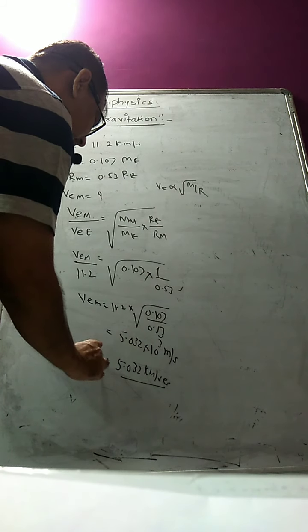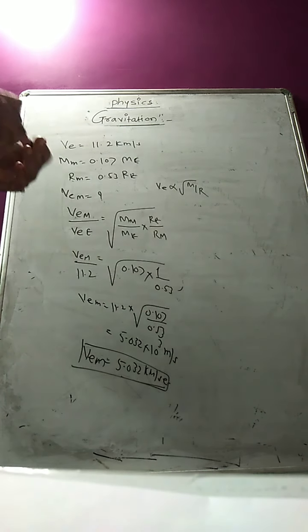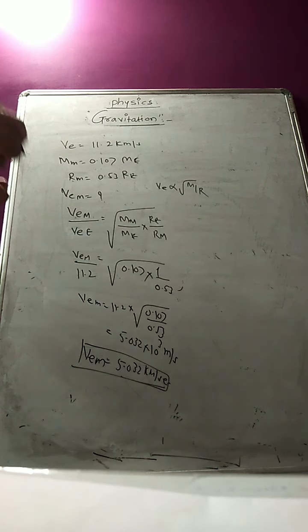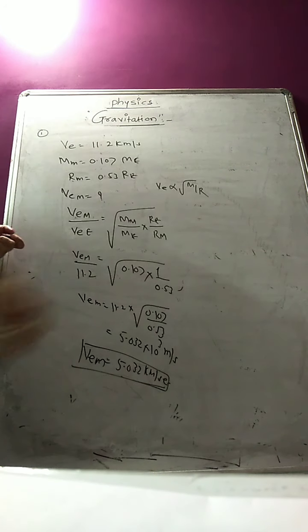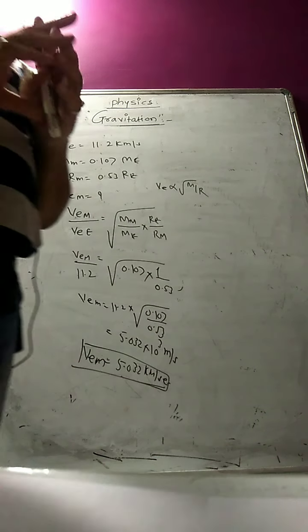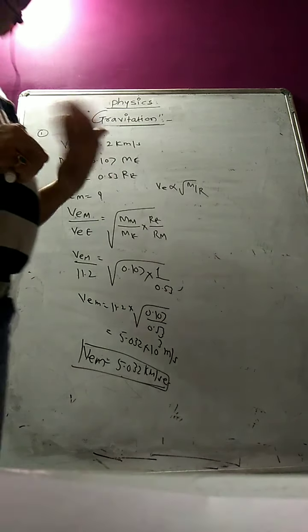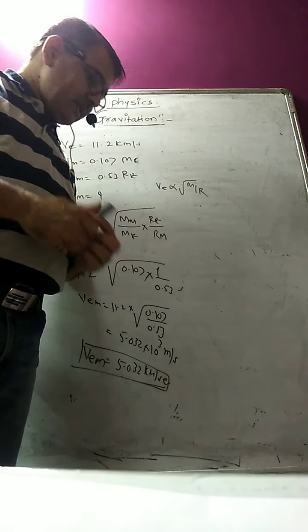That is the escape velocity of Mars. Okay, so that will be your last sum. Okay, so chalo, this is the way, and you have finished that topic gravitation. So all the best for your exam. Okay, do well now. Okay, today we'll stop.